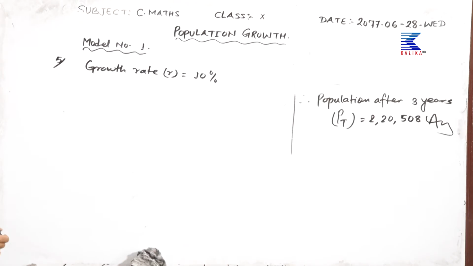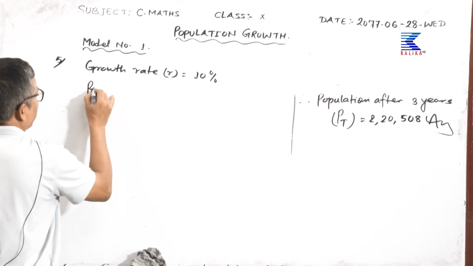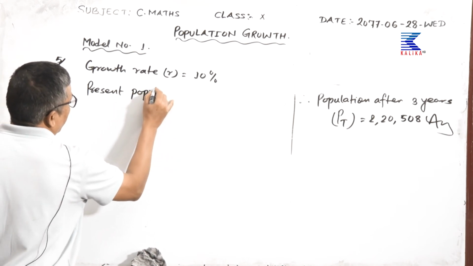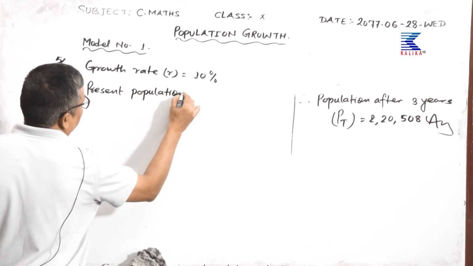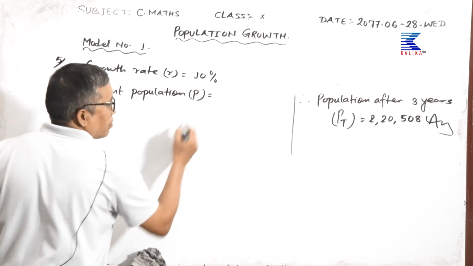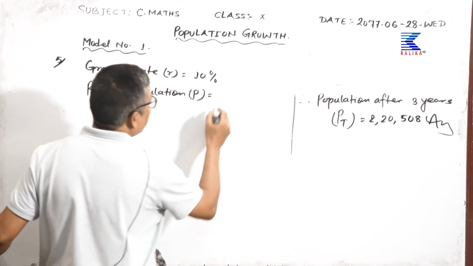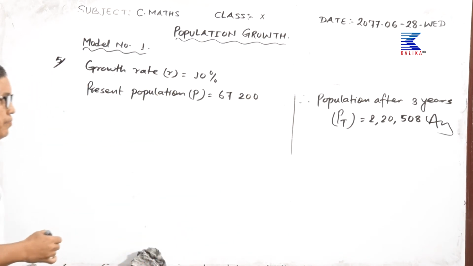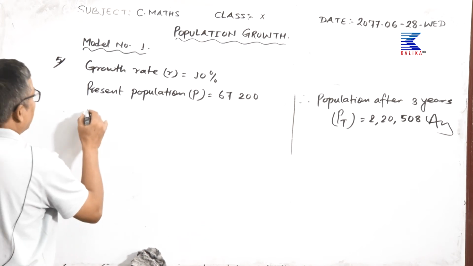The present population of the town, that means initial population, P is equal to 67,200. What will be the population of the town after 3 years?